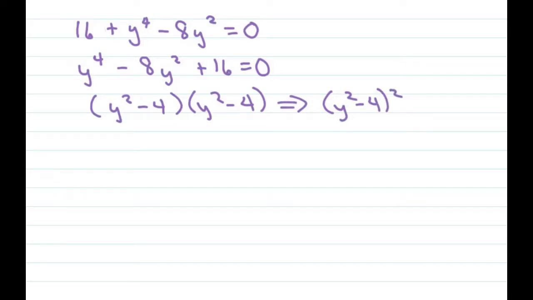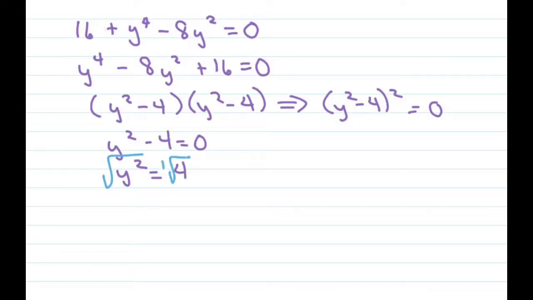So we set this to 0 to solve for y. You get y squared minus 4 equals 0, y squared equals 4, and when you square root both sides, plus and minus, you get y equals plus or minus 2.